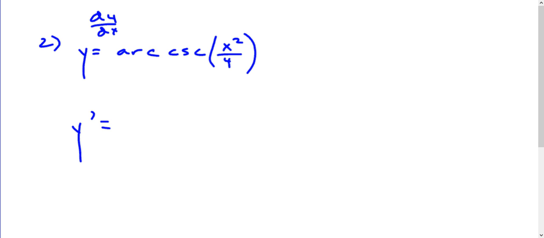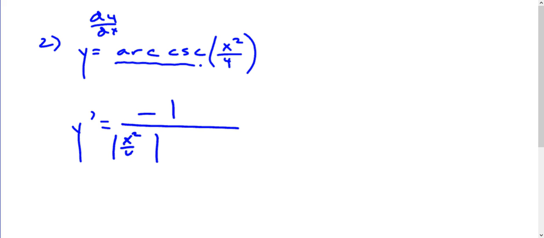We take the derivative of the outside. The derivative of arc cosecant is negative 1 over the absolute value of our function inside, which is x squared over 4, times the square root of that quantity, x squared over 4, squared, minus 1.